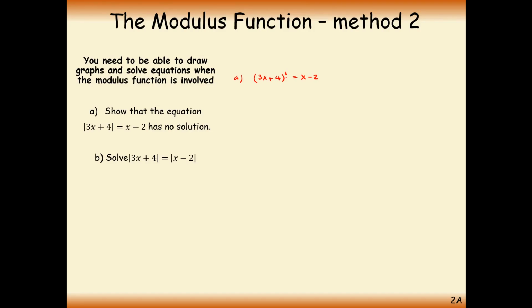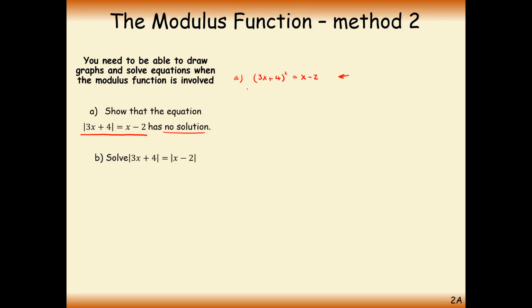Now, I'm not saying they are the same thing, but the solution to this equation would be the same as the solution to that equation. So if we can manage to show that this line doesn't have a solution, we have shown that the equation in the question doesn't have a solution.